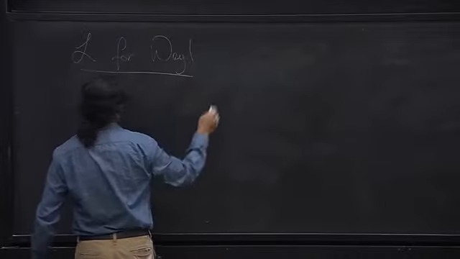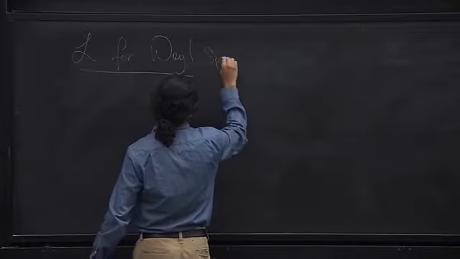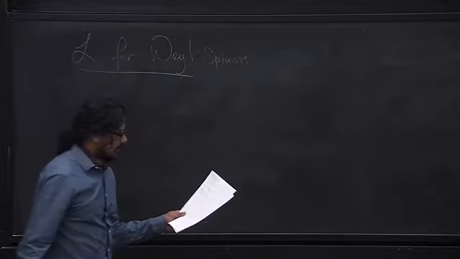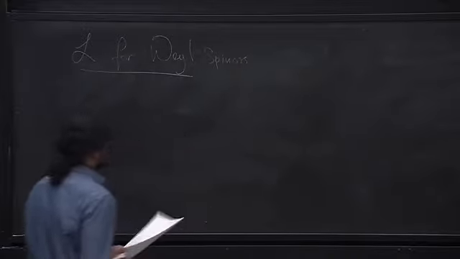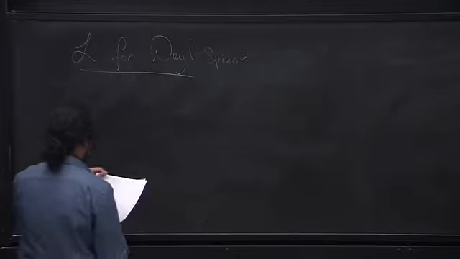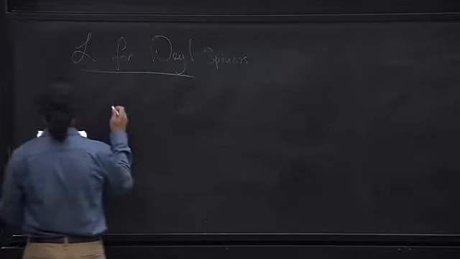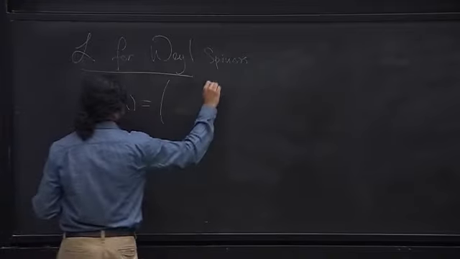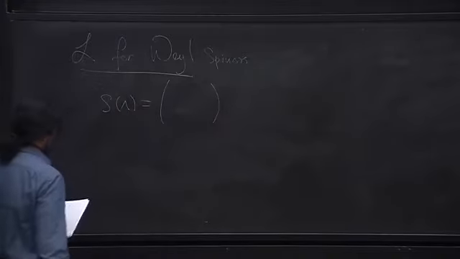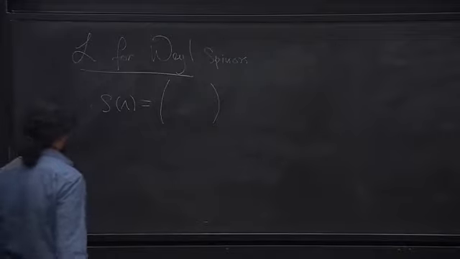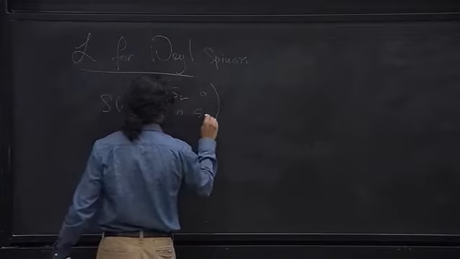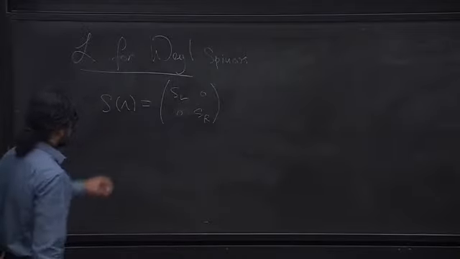L for Weyl. Again, we can use the connection with Dirac spinors to derive everything we need. So the Lorentz transformation matrices in the Weyl basis will take a block diagonal form, and let's call the blocks S_L and S_R.